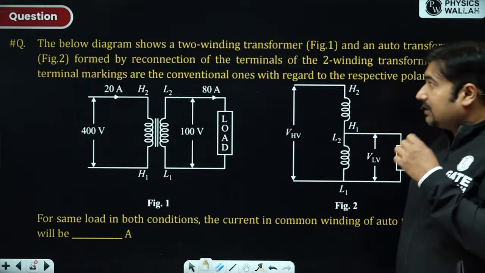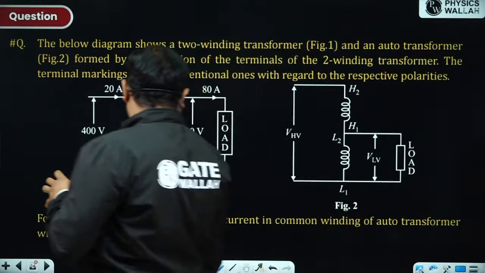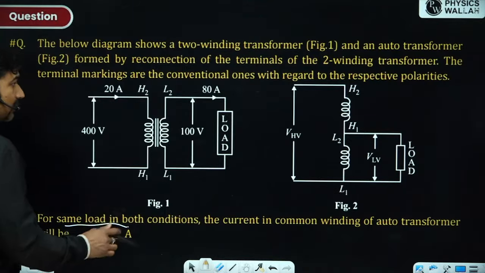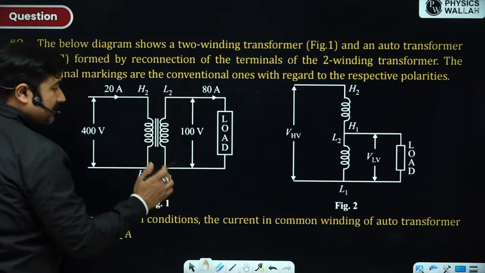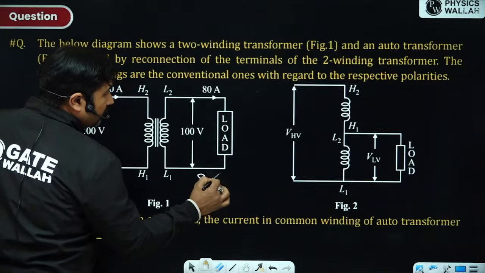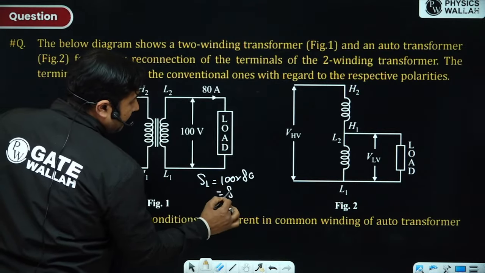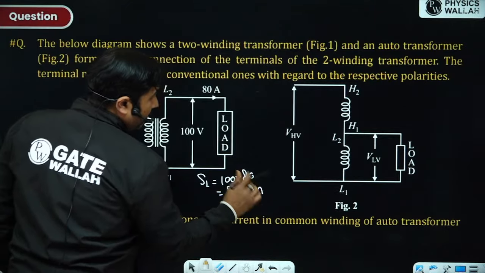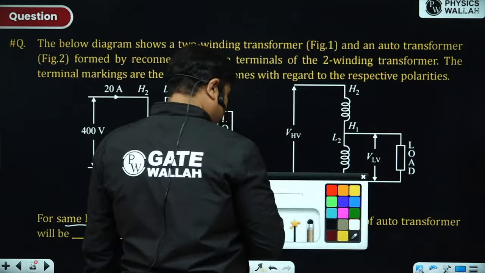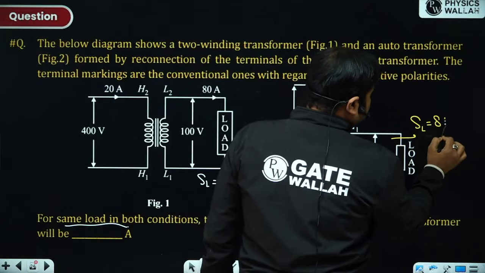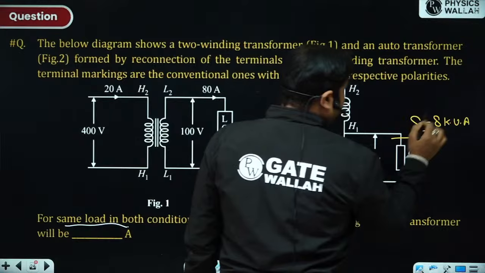See, first of all, the load is the same. So can we calculate the load here? What is the load here? 100 into 80, that is 8 kVA. So the same load will be here as well, because for the same load we need to calculate.